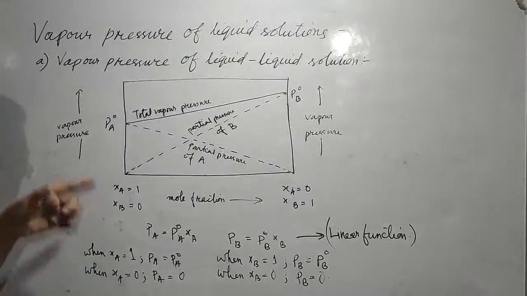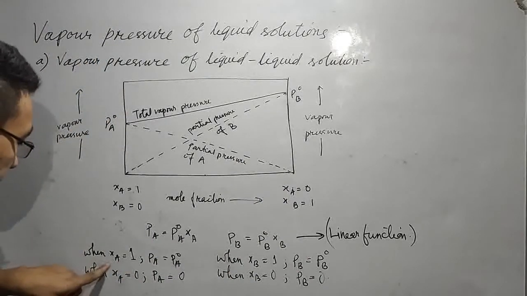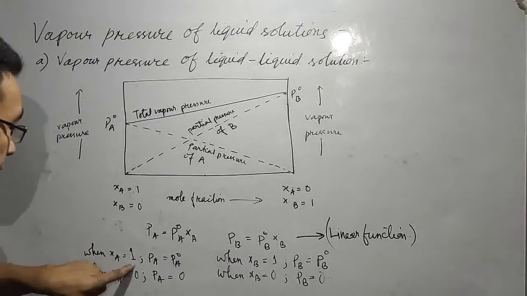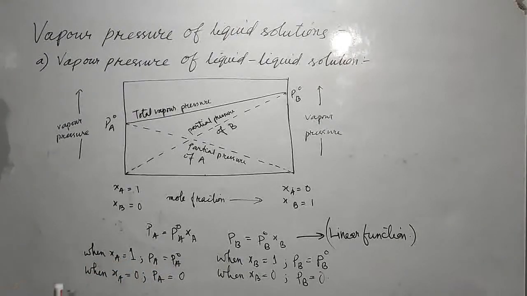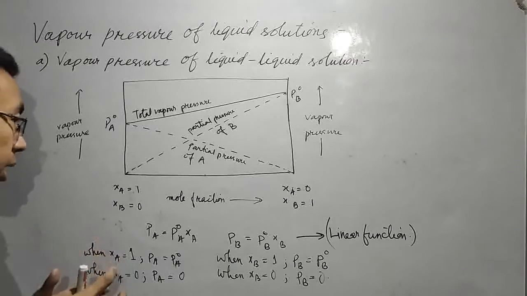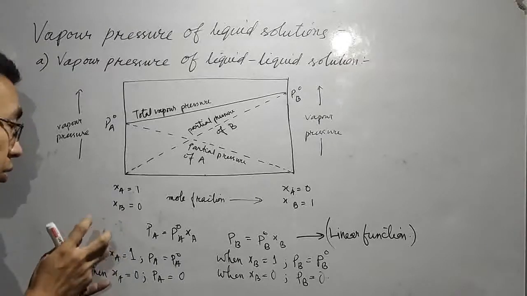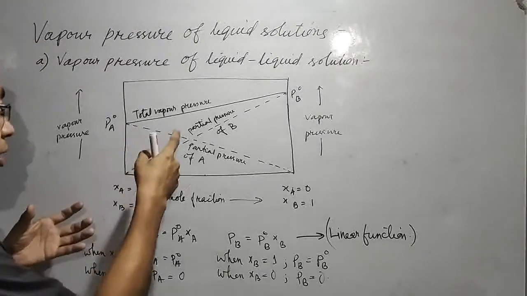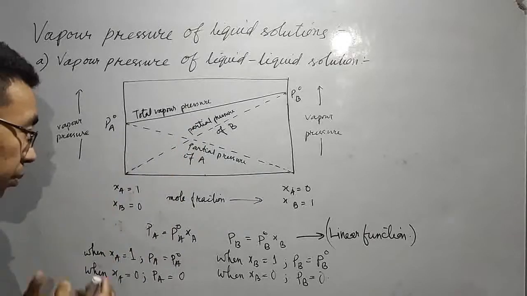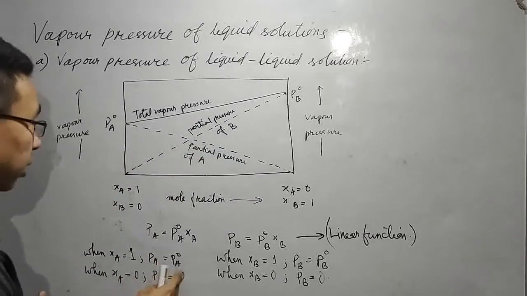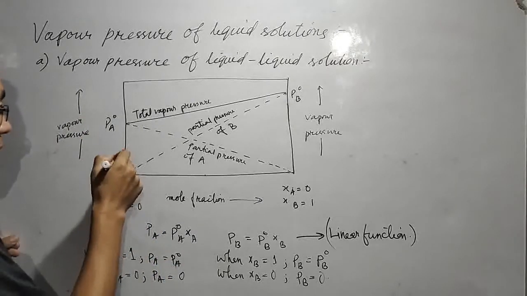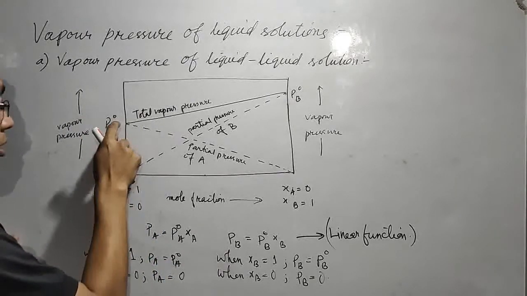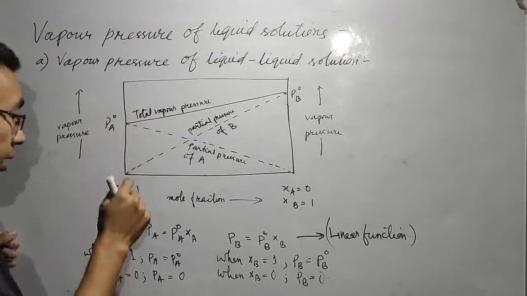As you can see here, when XA equals 1, we get PA equal to PA degree, which means when only component A is present in the solution, the partial pressure of component A will be equal to the vapor pressure of the pure component A. Suppose it is up to this value, so we get a point here.